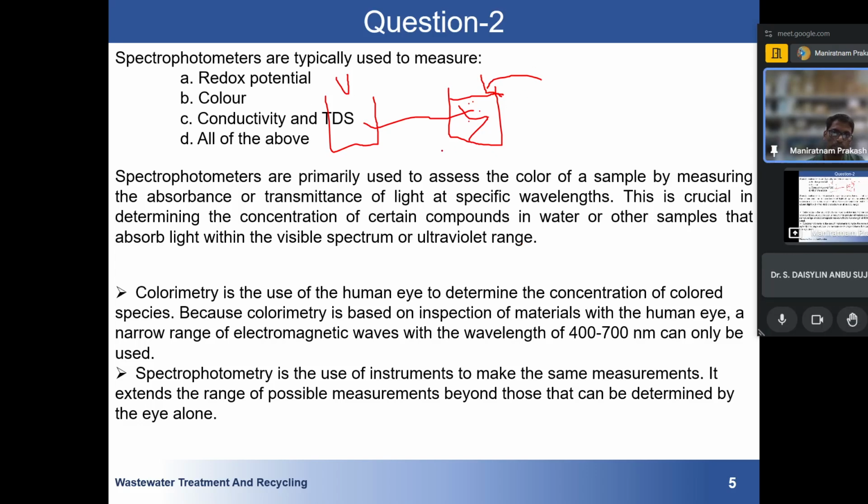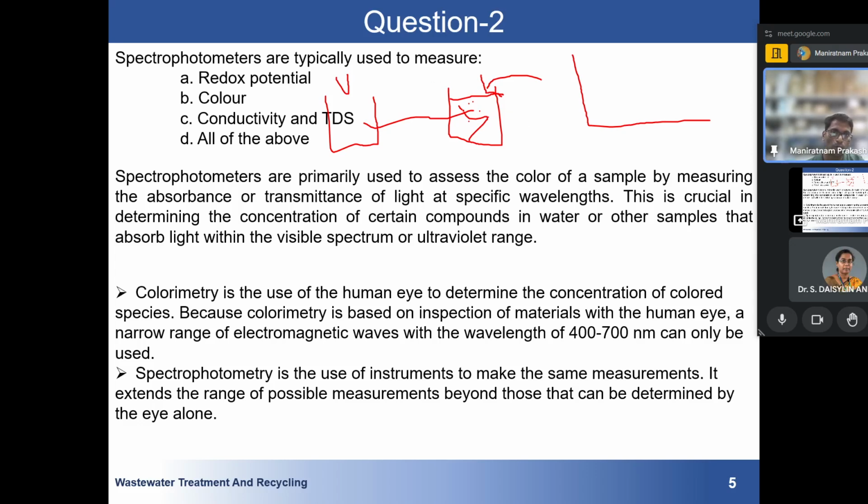Based on this phenomenon, we will be plotting a calibration curve. From the instrument we will be getting the absorbance value for different concentrations. Suppose we are measuring chromium, so for zero concentration there will be no absorbance.